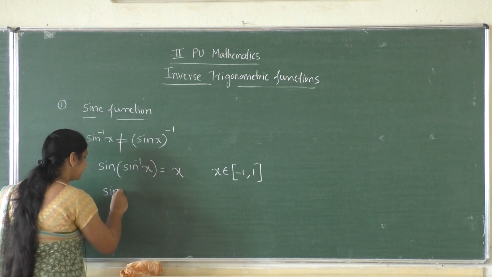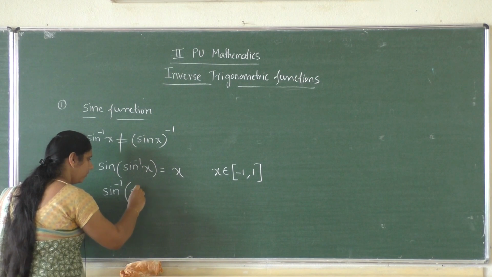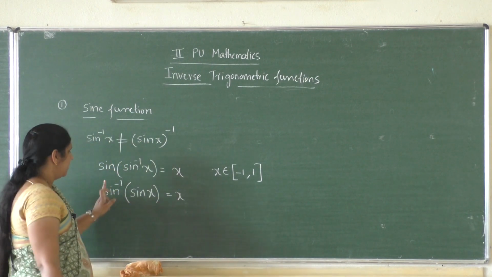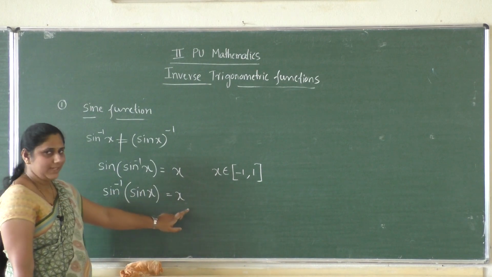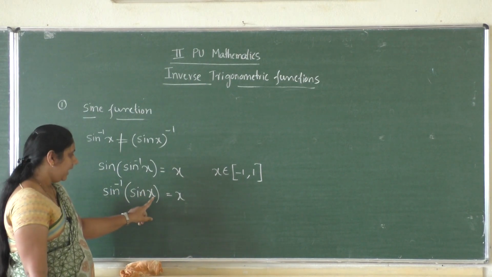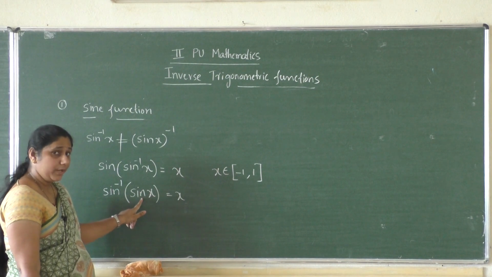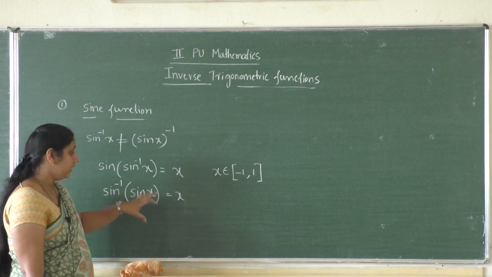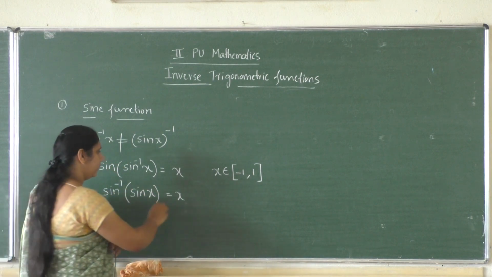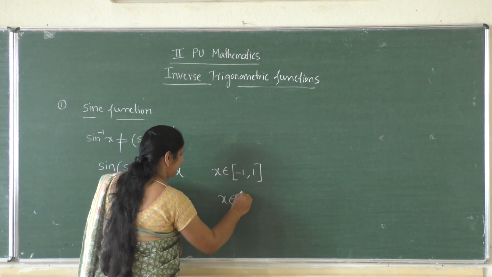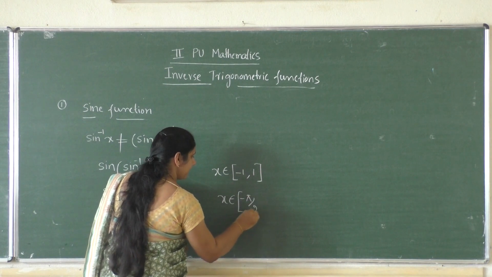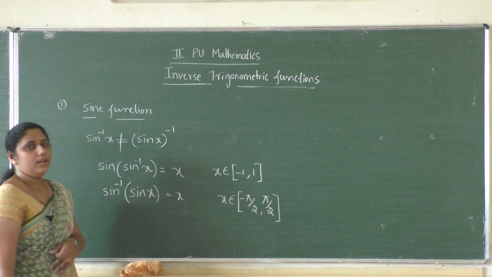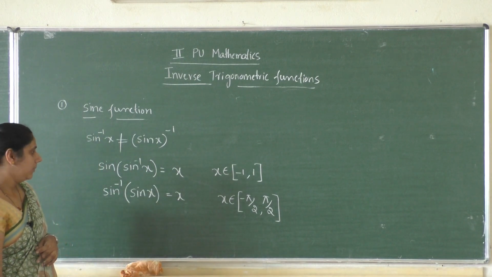Similarly, sine inverse of sine x equal to x, then x belongs to the domain of sine. If we take the domain of sine, it is R, but we already restricted that, so x must belong to the closed interval minus pi by 2 to pi by 2.